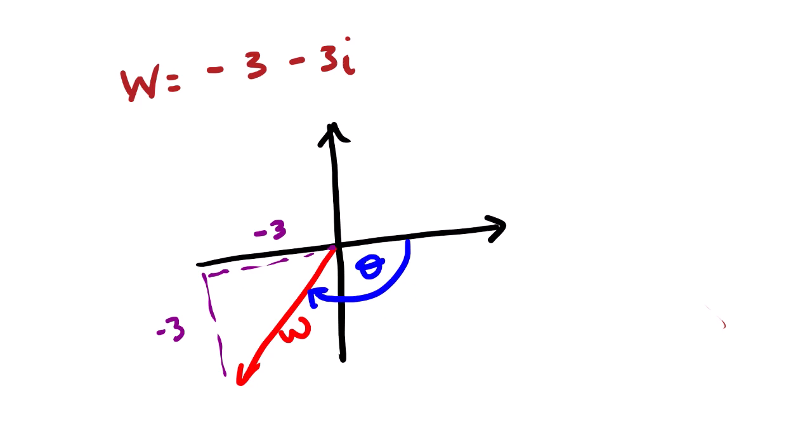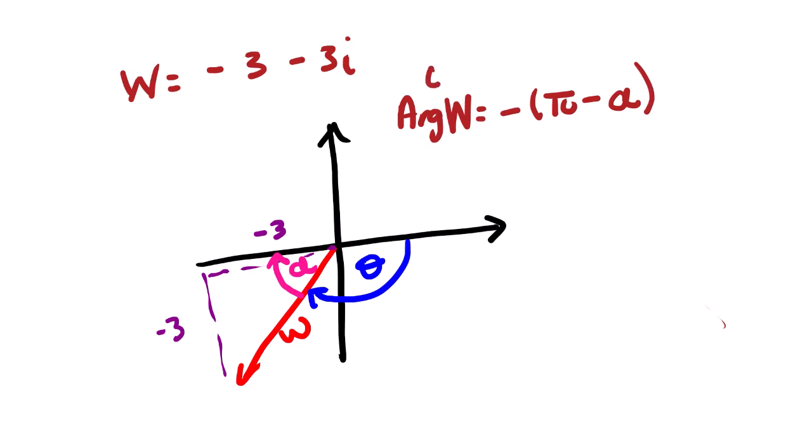In order to find it, we are going to use alpha. So the argument of W will be equal to pi minus alpha, and since we are moving to the negative side, we take the negative of those.